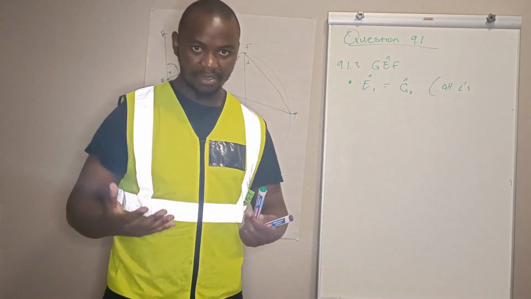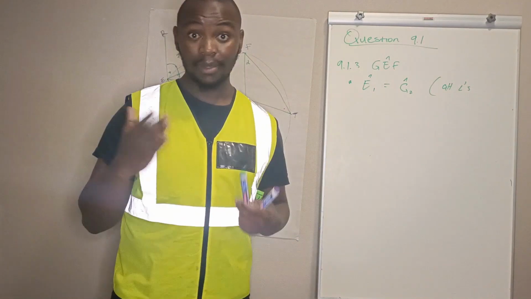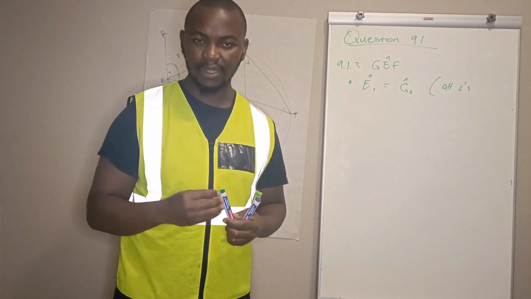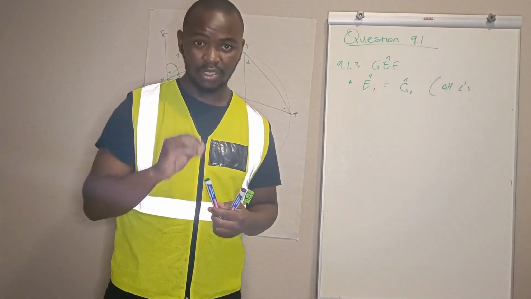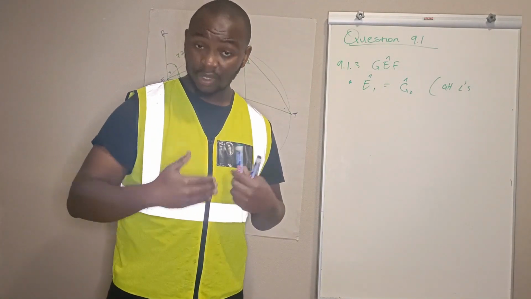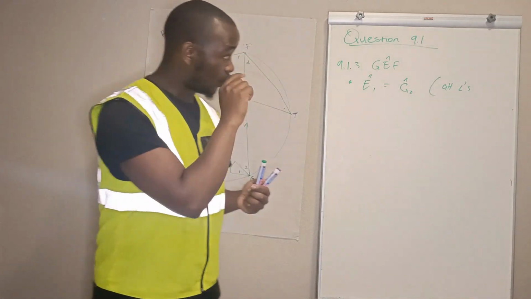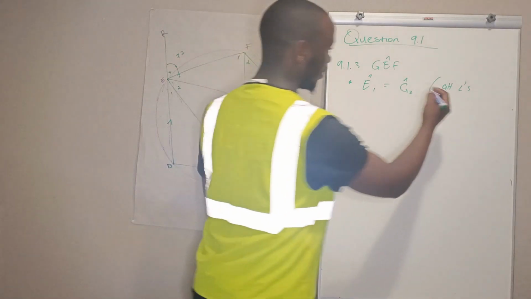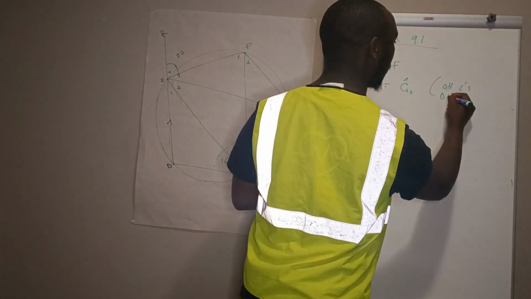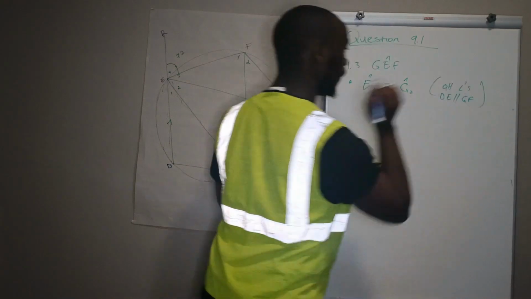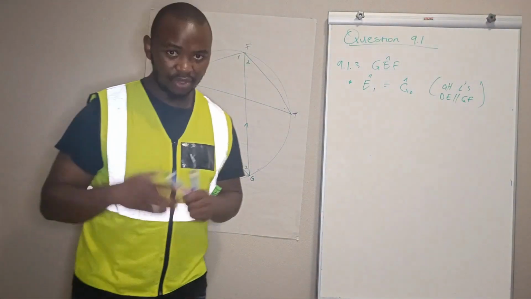You might get diagrams in the future where there are plenty of parallel lines, so you need to note for the marker, the person looking at your script, that you used specifically these two lines to locate that angle. So this is DE parallel to GF.